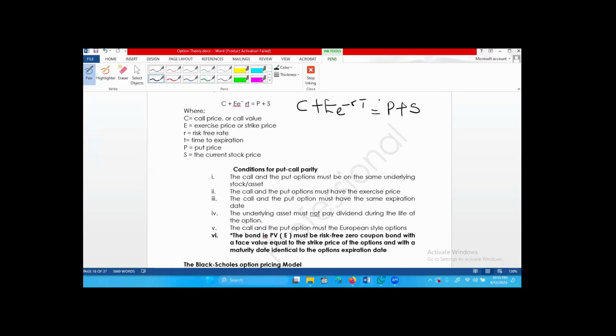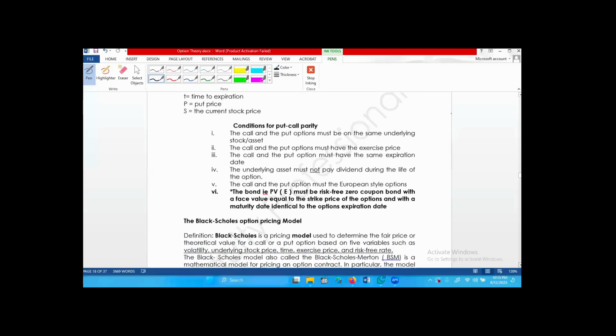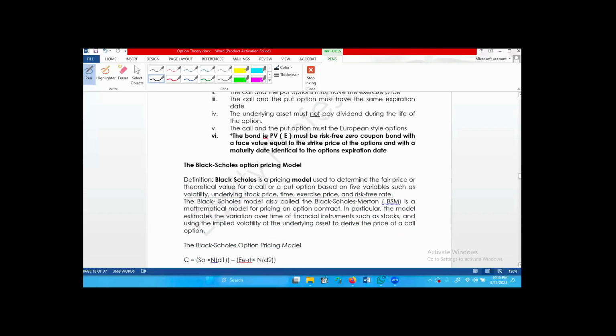Then the next thing, the Black Scholes option pricing model.